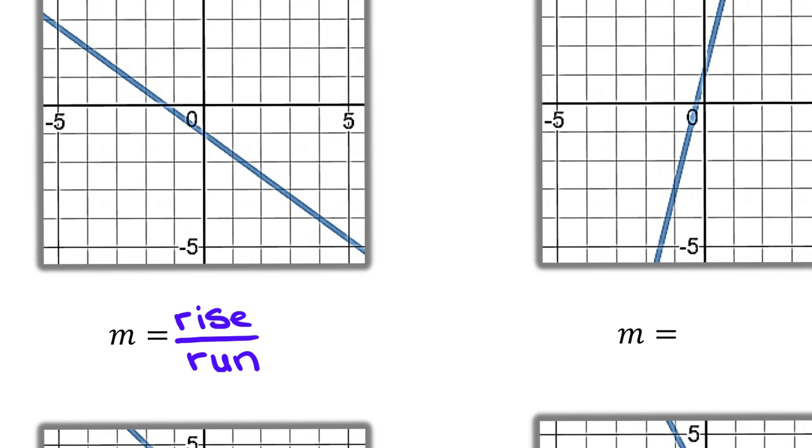So you pick your 2 points. I am going to pick... Munir, tell me 1 point on this line. Yep, as long as you can tell me the exact numbers.